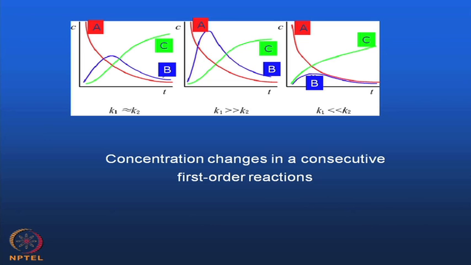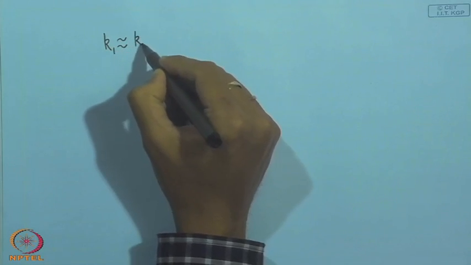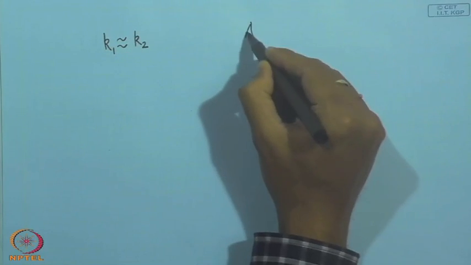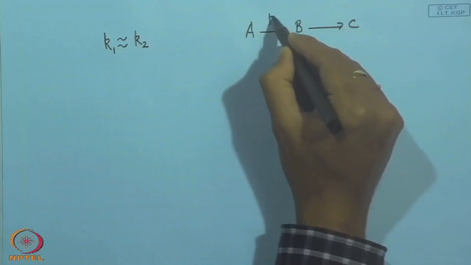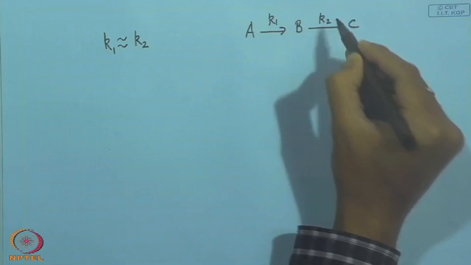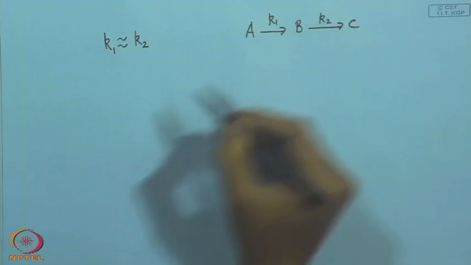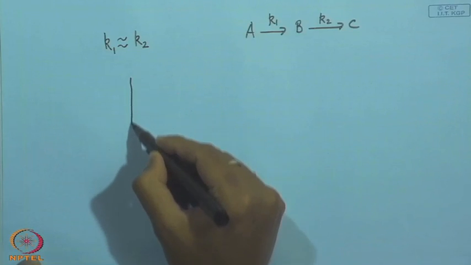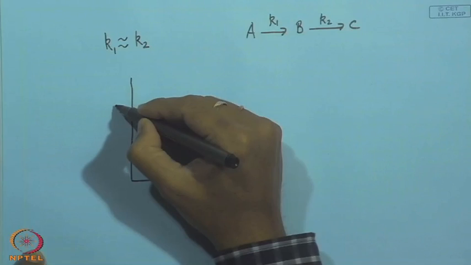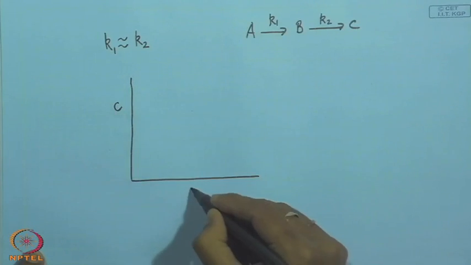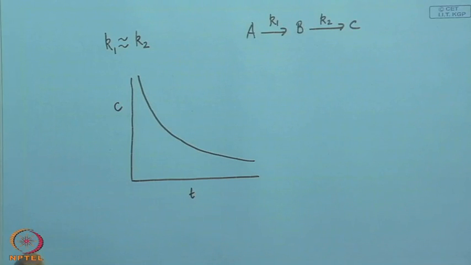The first one is K1 close to K2, that is A to B to C with K1 and K2 very close. Then the plot will be like a typical plot. Okay, this is concentration C, this is time. So, this is your A.